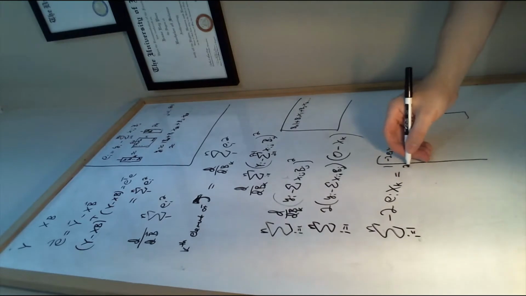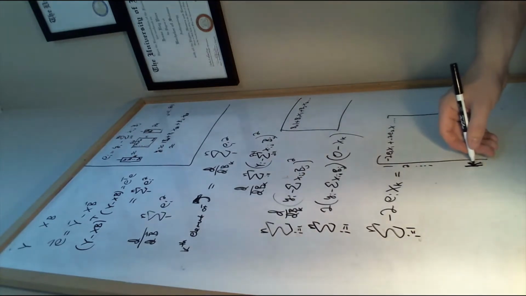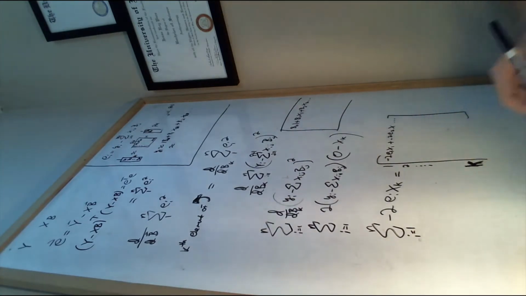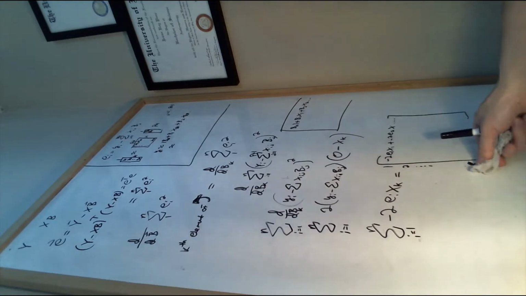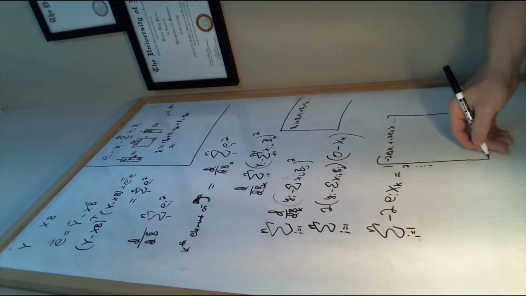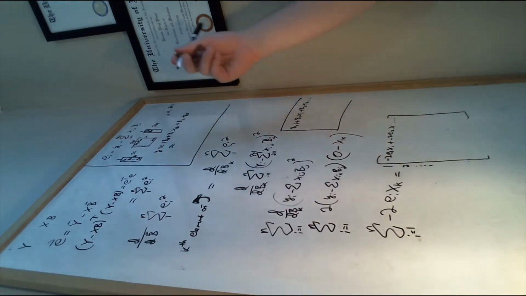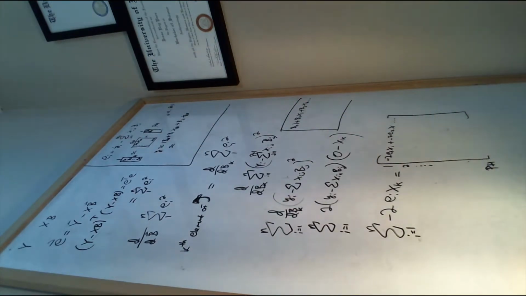This is 1, this is 2, right down to K. Maybe this will be capital K, because lowercase k is being used as an arbitrary index of its size. And we already know that its size must be the same as the original beta vector, which has p plus 1 elements. So actually this goes to p plus 1.